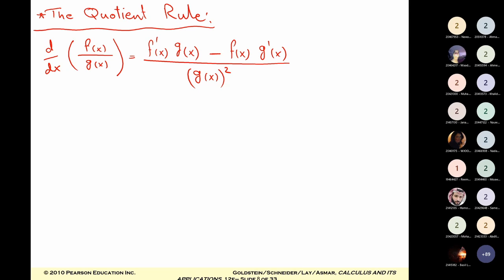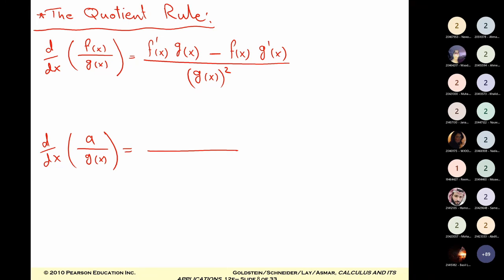Now, sometimes we have, for example, a number over g of x. For example, 5 over 3x squared minus x. So in the numerator we have a constant.